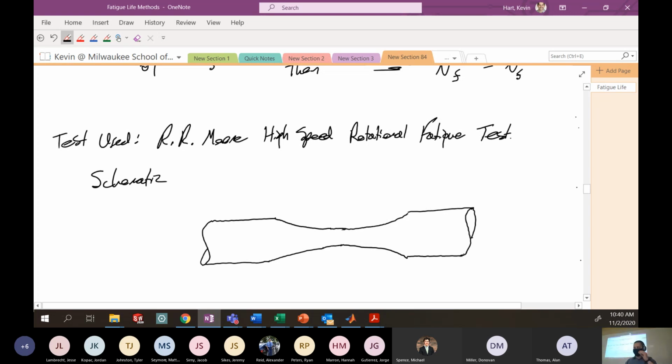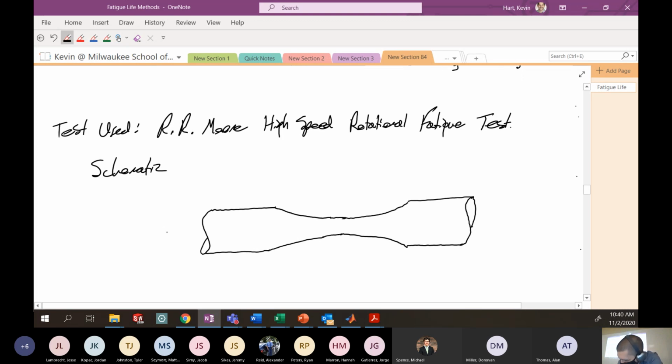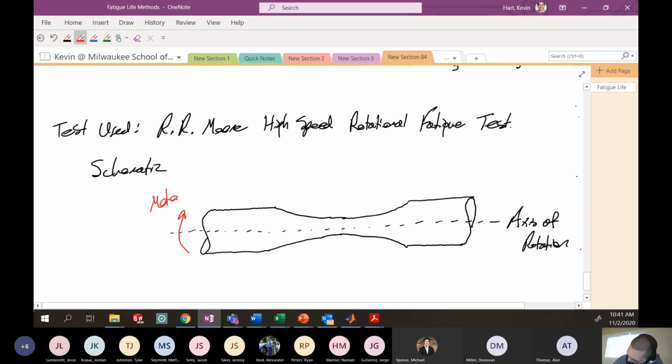So here's the specimen. The idea here is that there is an axis that runs through this, and we're going to rotate this thing around. So we're spinning, with some motor giving some rotations, some RPMs on this thing.